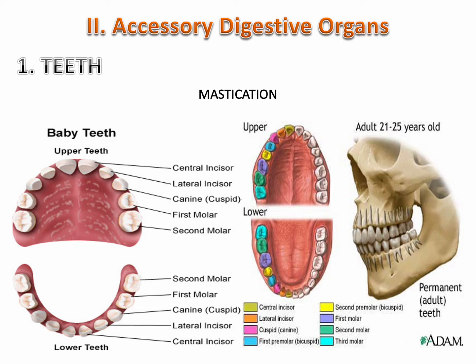Now, there are two sets of teeth: baby teeth, deciduous teeth, or milk teeth. Usually, nag-uumpisa itong mag-erupt at 6 months, and the first to appear are the lower central incisors. Ilan ang baby teeth?